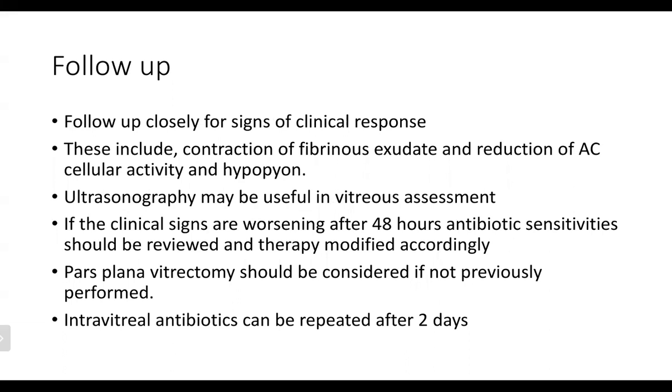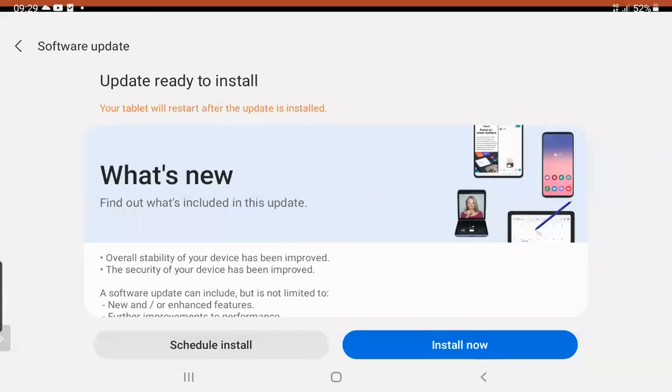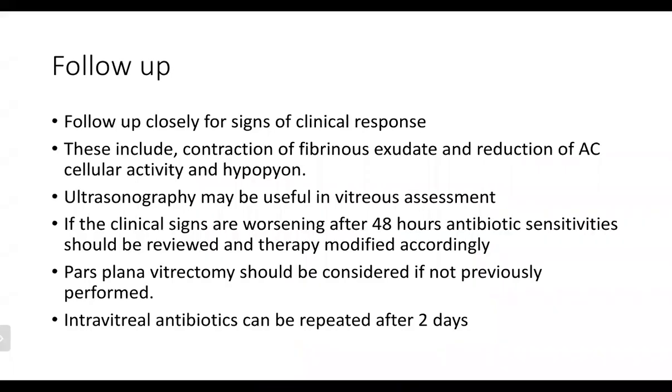So these patients need to be followed up closely from the first day after either PPV or intravitreal injection to look out for signs of clinical response. And these signs include, for patients with fibrin membrane, you expect it to start contracting.